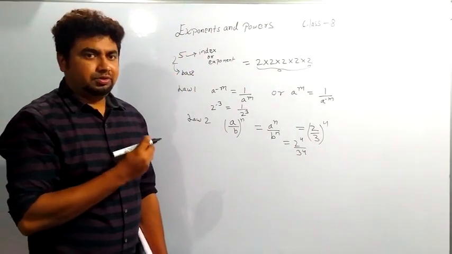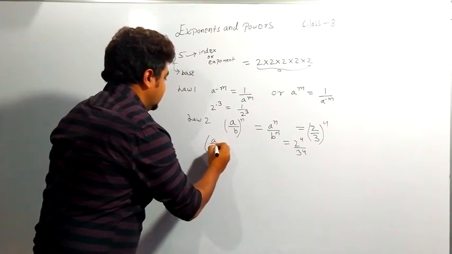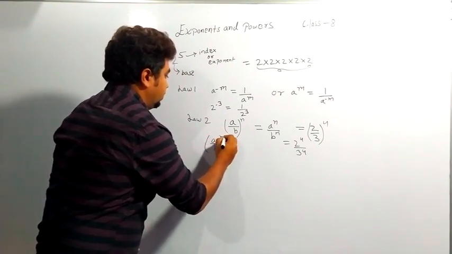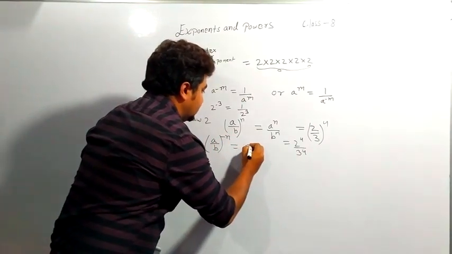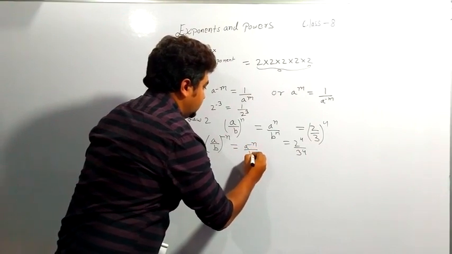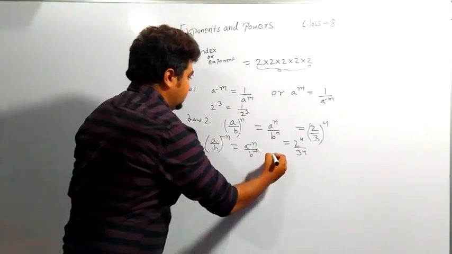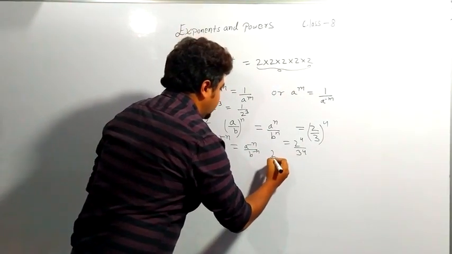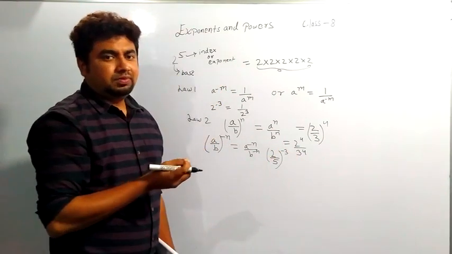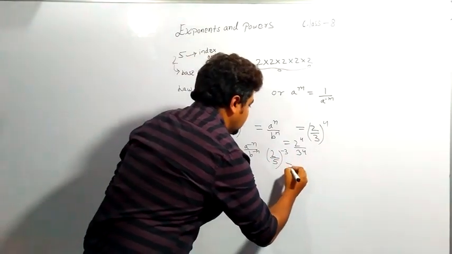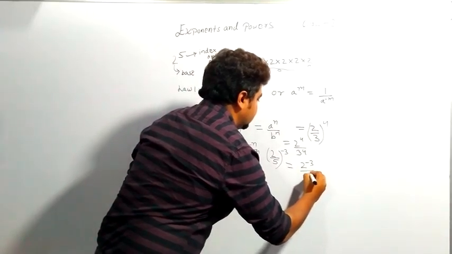Or a by b to power minus n can be written as a to power minus n by b to power minus n. For example, 2 by 5 to power minus 3, where the overall power is minus 3, we can write as 2 to power minus 3 by 5 to power minus 3.